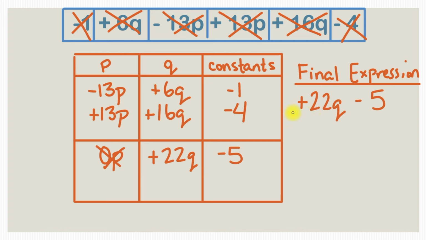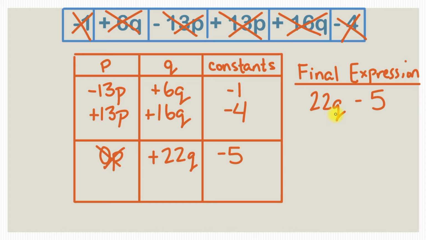You could put the positive sign in front of 22q, but because it's the first term in the expression, we don't need it. So let's just drop that. There's also one more way to write this expression. As long as an expression has the same exact terms, they're technically equivalent.